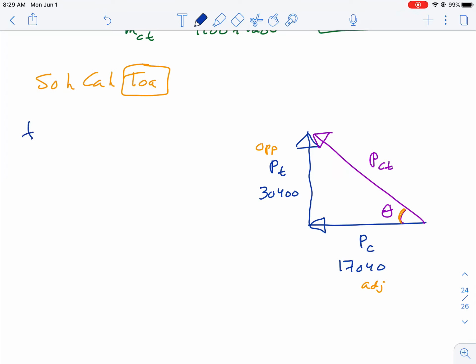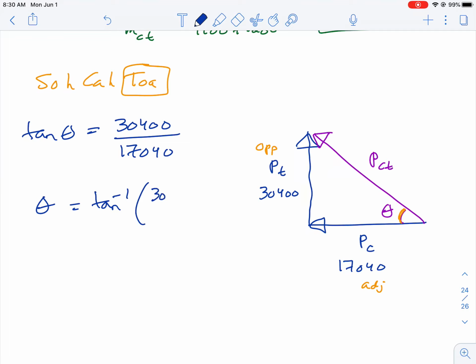So we know that tan theta is equal to opposite over adjacent, which becomes 3,400 divided by 17,040. Now we simply take the inverse tan of that. Do make sure you're in degree mode when you're doing this. So just check your mode, make sure it's degrees. And I get about 60.7 degrees.